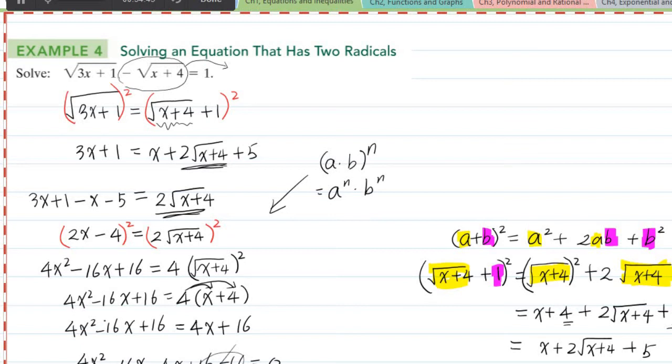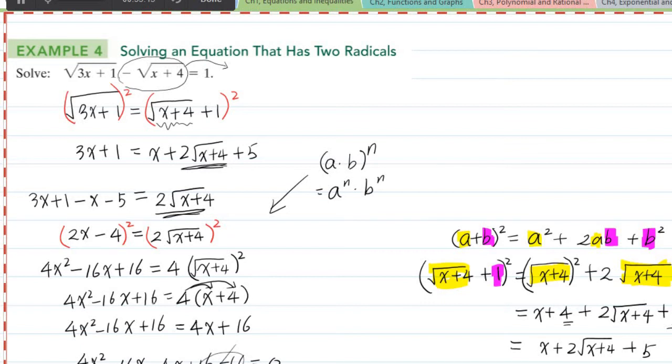So in this case, we only have 4x squared minus 20x left. We can just go ahead and solve it by factoring. We have 4x in both, so we're going to have x minus 5 left, equal 0.